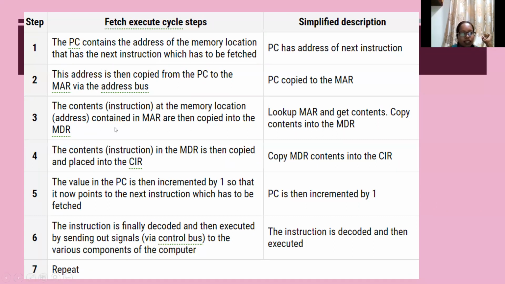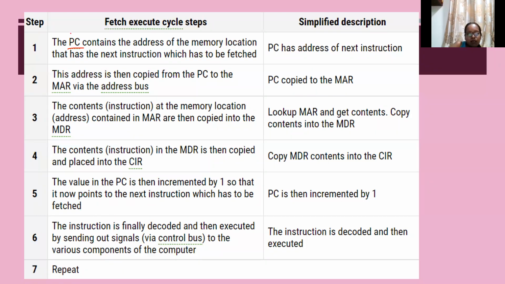Now, don't memorize this table. I have mentioned in detail what is actually happening, but there's no need to memorize it. Just get an idea by reading the scenario. It's just showing the purposes of each of these registers, one by one.